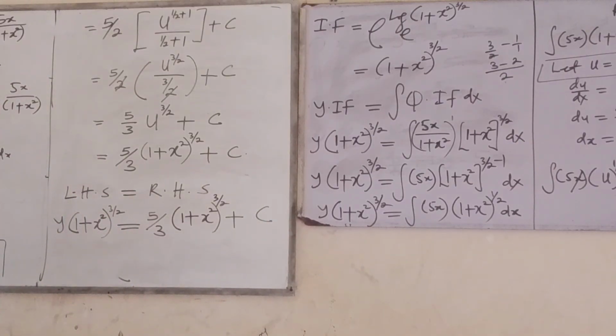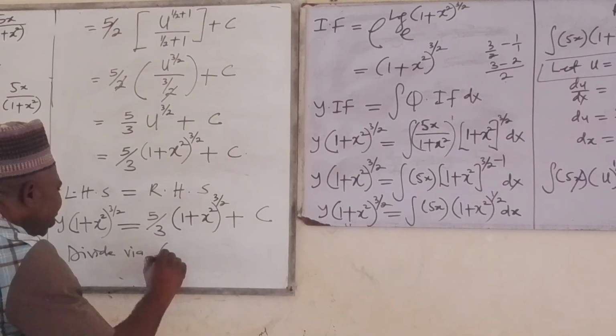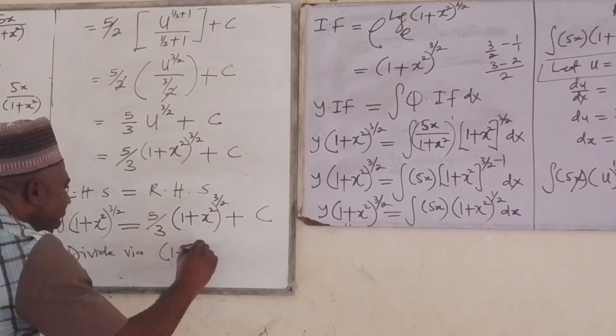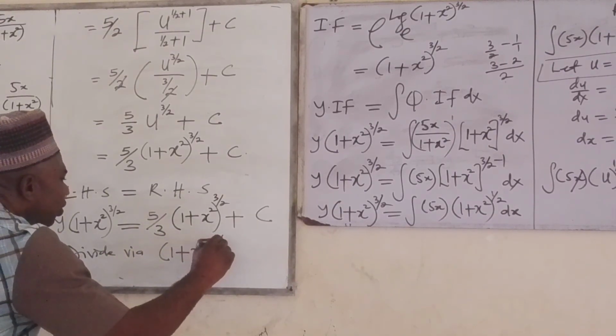So now at this point, let's divide through by the coefficient of y, and the coefficient of y is 1 plus x squared all raised to the power of 3 all over 2.